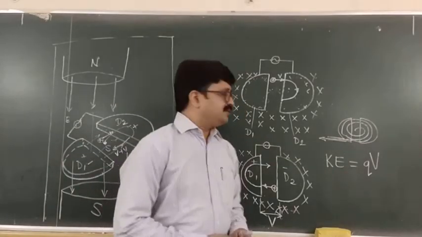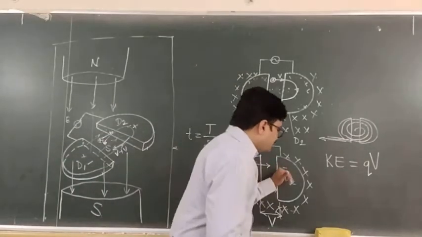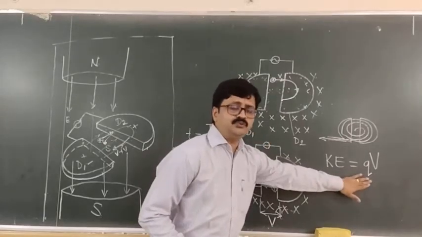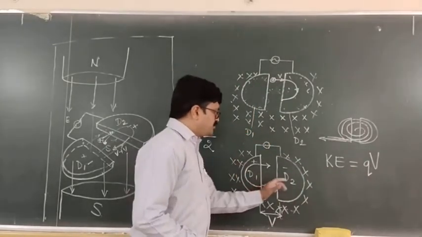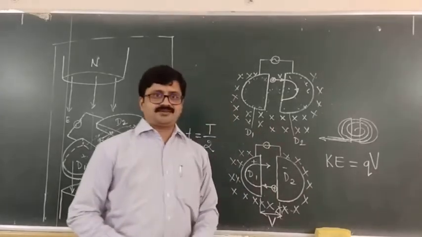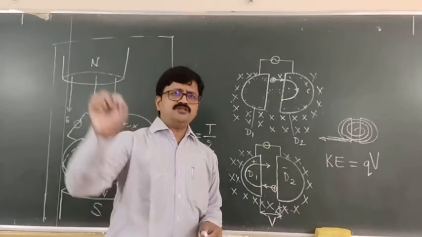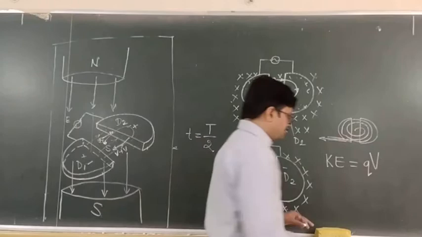So obviously in every semicircular motion the energy gain is qV. Then what about after 1000 cycles? It becomes 1000 times qV. Correct?